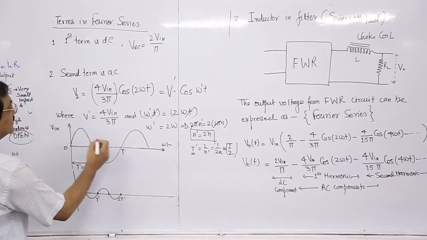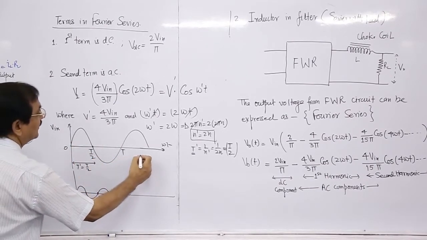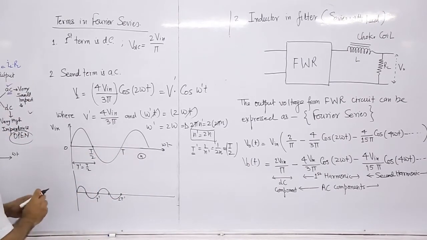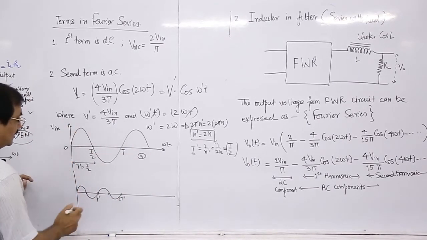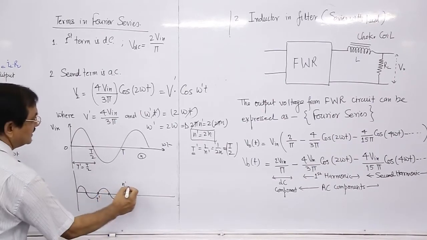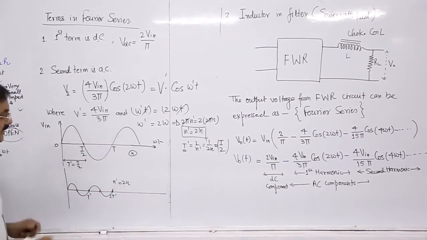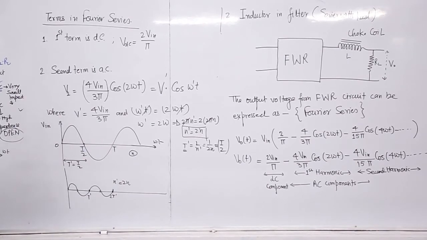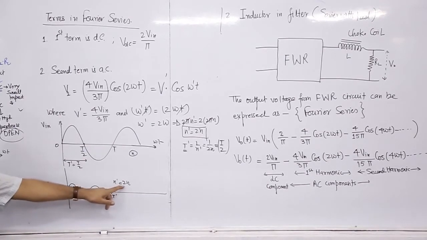So, if this corresponds to the frequency n, then up to this n dash is 2 n, the ripple frequency.